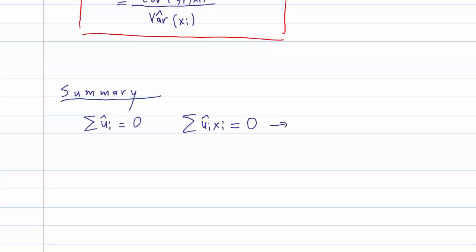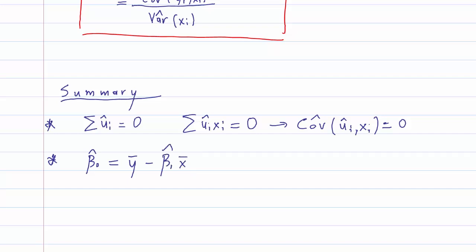This implies that the sample covariance between u hat and x is 0. So that's the first result. Second result, beta 0 hat is equal to y bar minus beta 1 hat x bar.